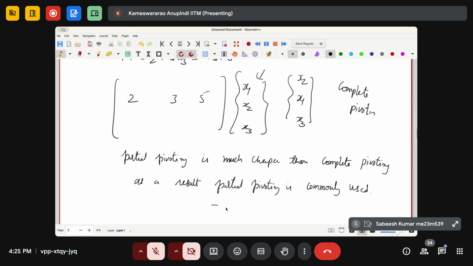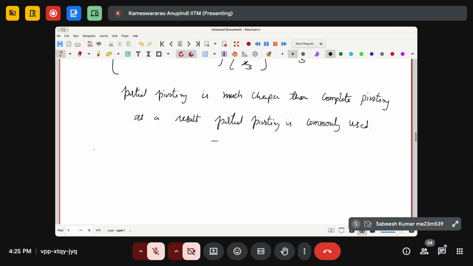So if I were to write the complete pivoting algorithm, essentially, c_k equals the maximum value of |a_ij|, where that means we want to look at all the values of rows and columns for that kth step, where i and j would go from k to n, right?